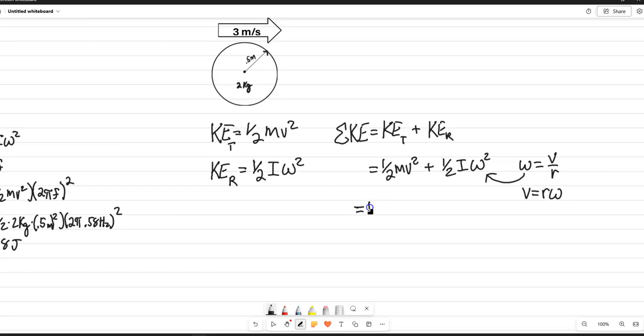So let's take a look. 1/2 m times the velocity squared plus, and we know that I is going to be 1/2 the mass times the radius squared times, and this is where the fun part comes in, the velocity divided by the radius, and remember that's squared.